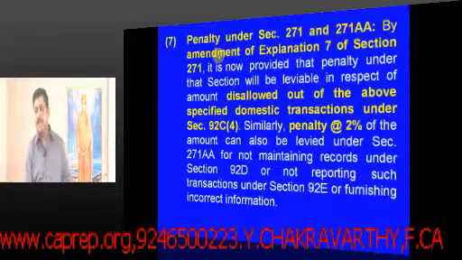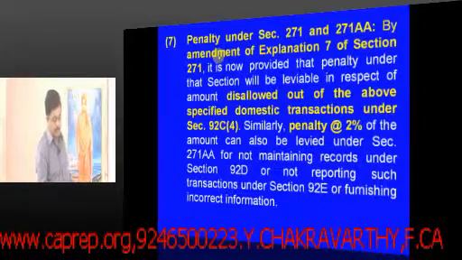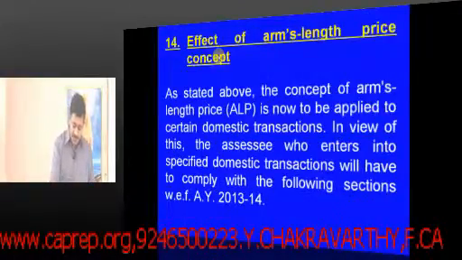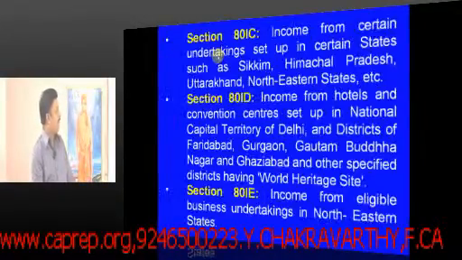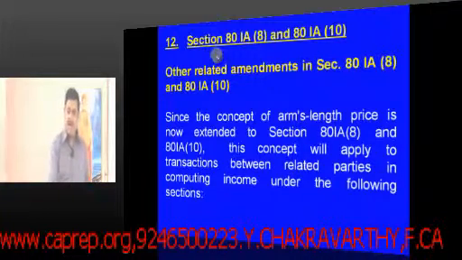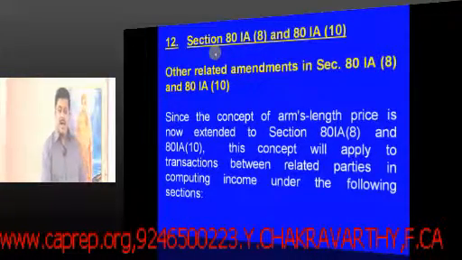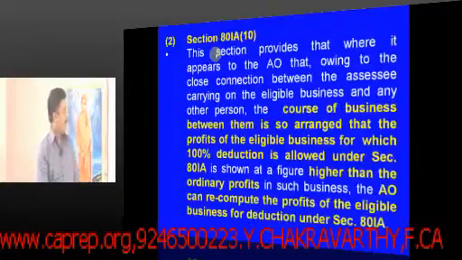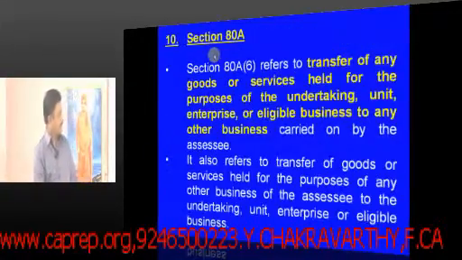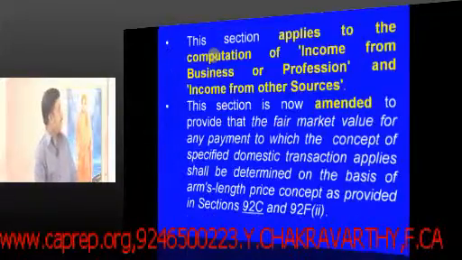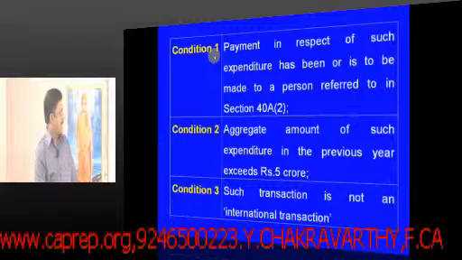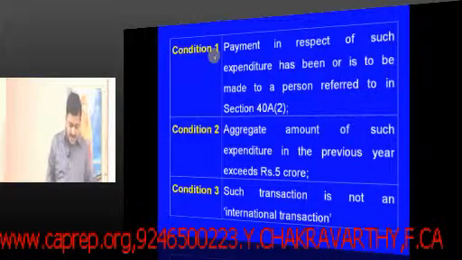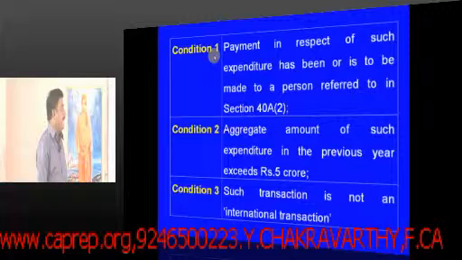Condition 1: payment in respect of such expenditure has been or is to be made to a person referred to in section 40A(2).